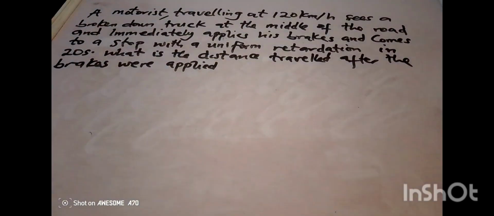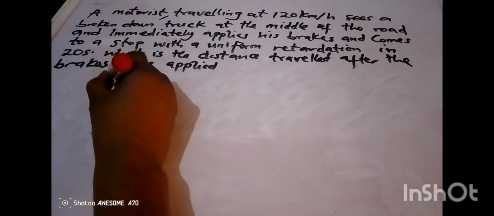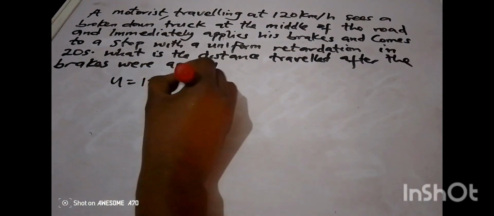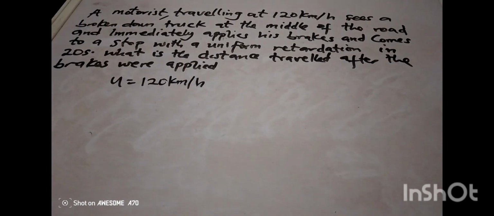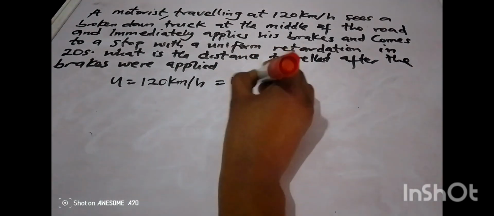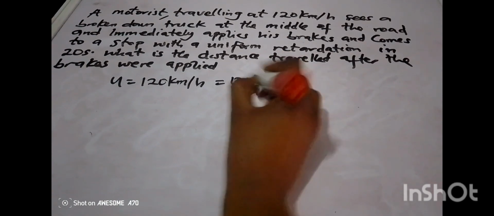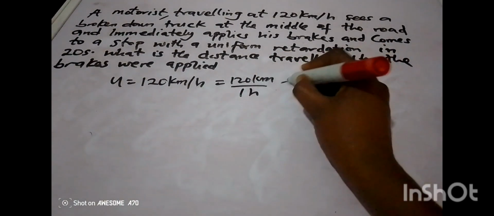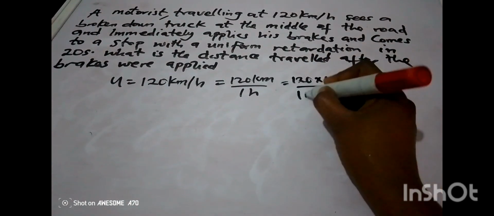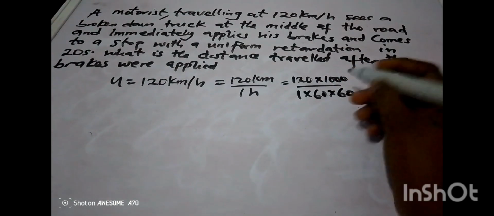Now let's take the parameters. The body is traveling, so our u, the initial velocity, is 120 km per hour. We are not told that the body is starting from rest. So they say it's traveling at that velocity. So we need to convert that to meter per second. Remember how to convert: 120 kilometer in 1 hour. So this is 120 multiplied by 1000, divided by 1 times 60 multiplied by 60.